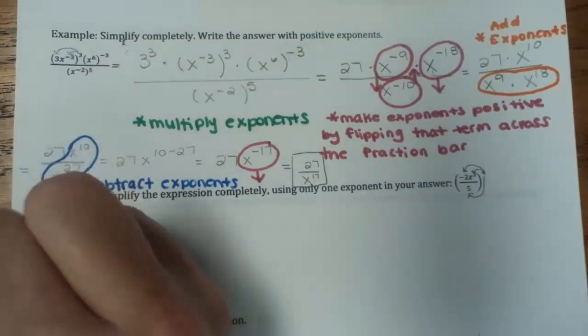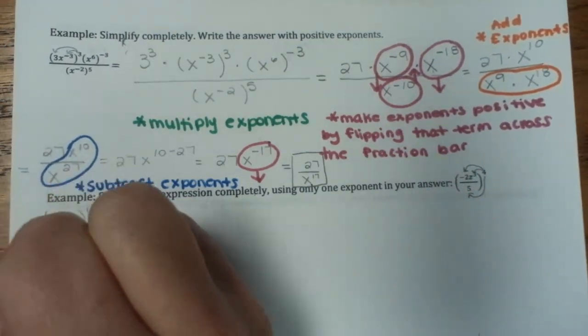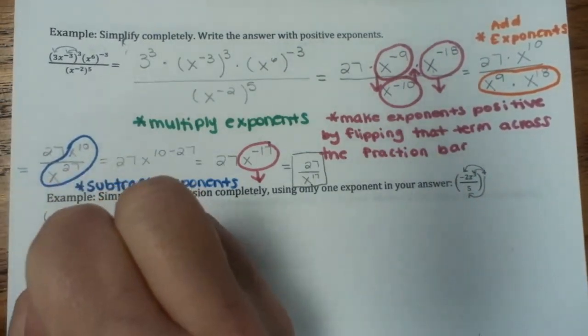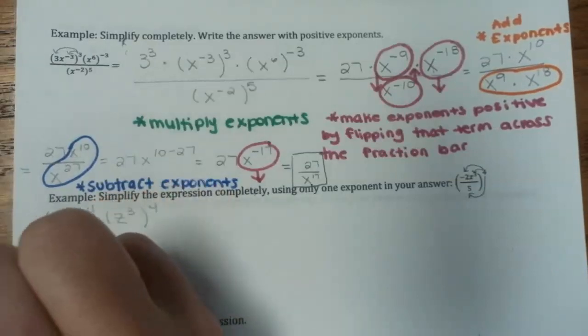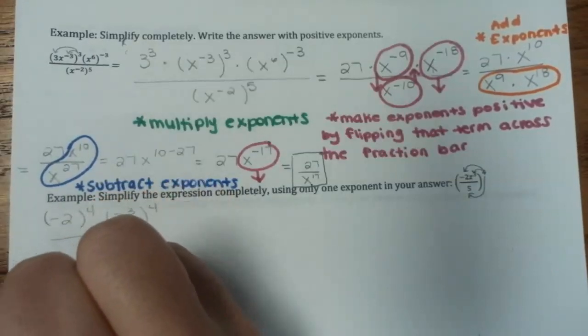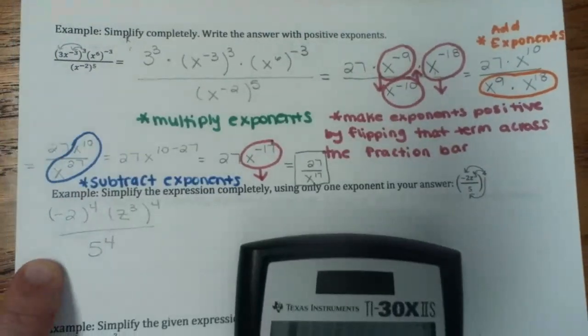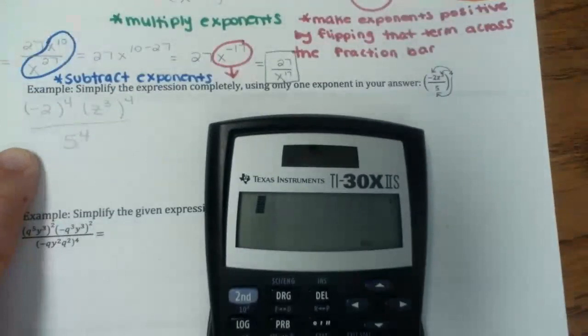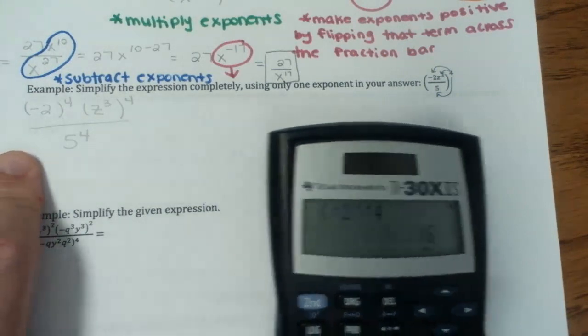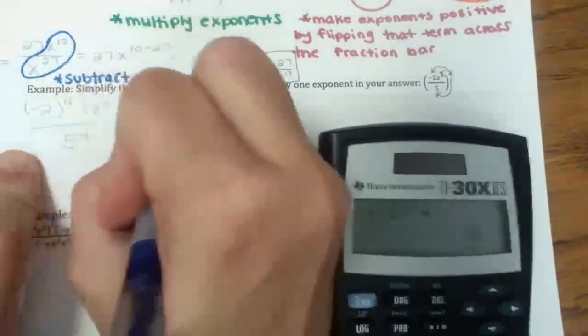So that means we have negative 2 to the 4th power times z cubed to the 4th power divided by 5 to the 4th power. Negative 2 to the 4th power, notice it's in parentheses. Leave it in parentheses like we talked about on the first page, because that means it's negative 2 times negative 2 times negative 2 times negative 2. So negative 2 to the 4th power would give us positive 16.